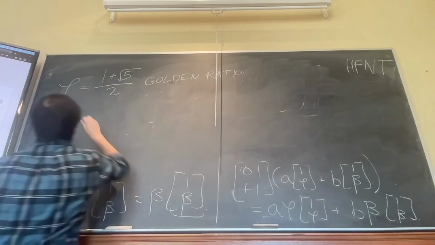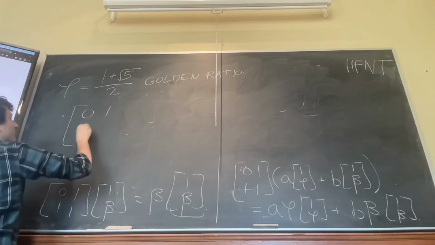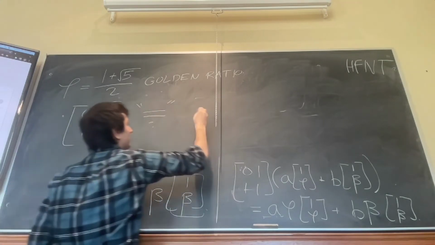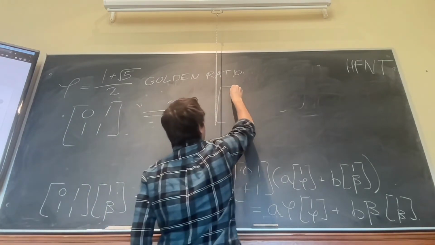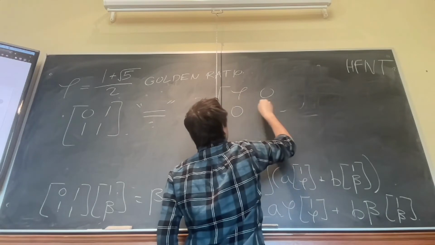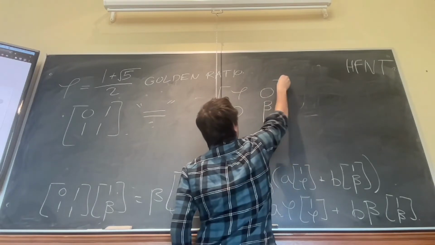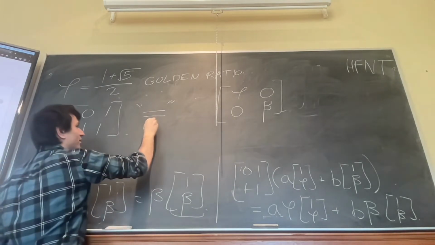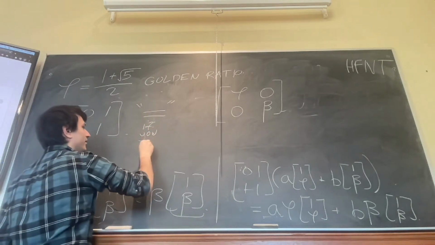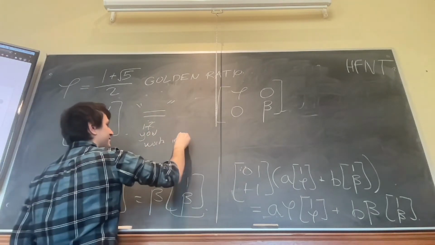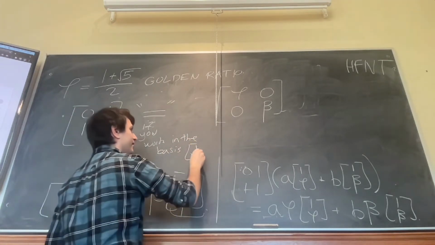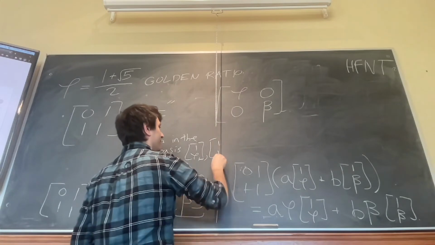So the matrix [0, 1; 1, 1] in some sense is equal to, we start by saying equals in quotes, the diagonal matrix [phi, 0; 0, beta]. What do I mean by it's equal to? I mean equal if you work in the basis (1, phi), (1, beta).